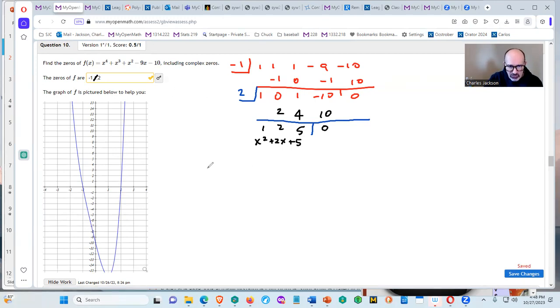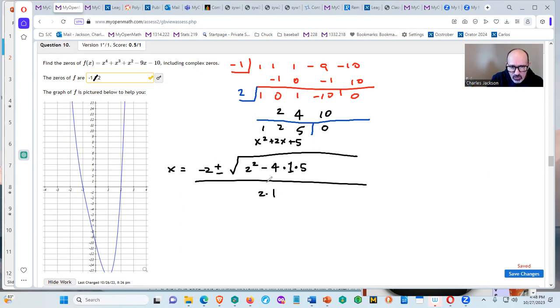We'll use the quadratic formula with a equal to 1, b equal to 2, and c equal to 5. Then x equals minus b plus or minus square root b squared minus 4ac all over 2a.